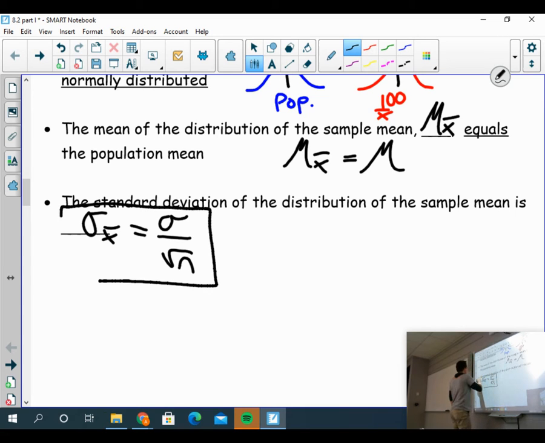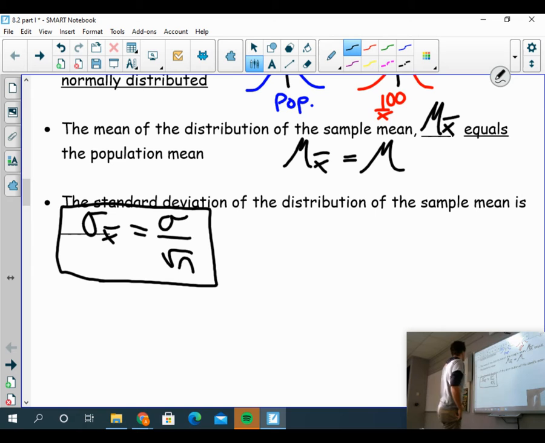Okay? Unlike the mean, where the population mean and the mean of the sample means are equal, that's not the case for standard deviation. With standard deviation, the standard deviation for the distribution of the sample means equals the population standard deviation divided by the square root of n.